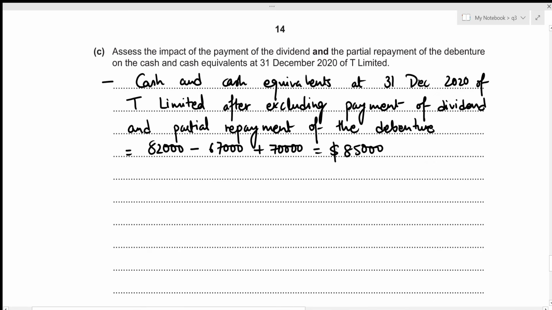So we can see that if we are to exclude the payment of dividend and the partial repayment of debenture, T Limited would have gotten a positive cash and cash equivalents at the year end. So let's write it down as well.